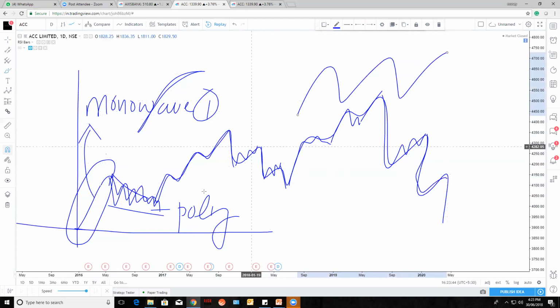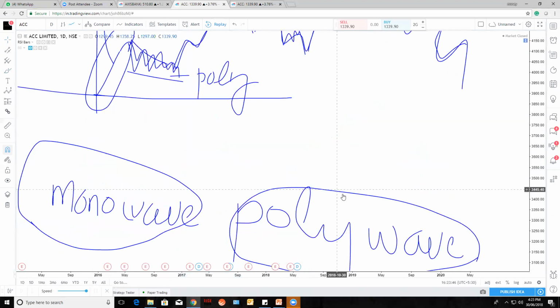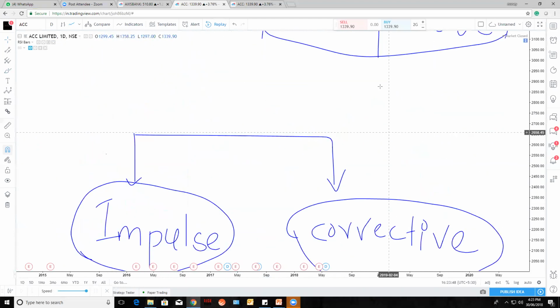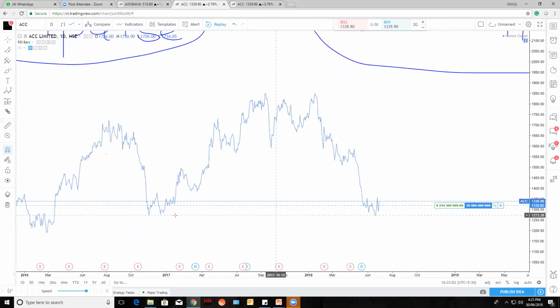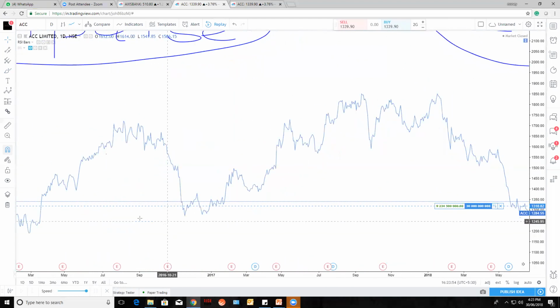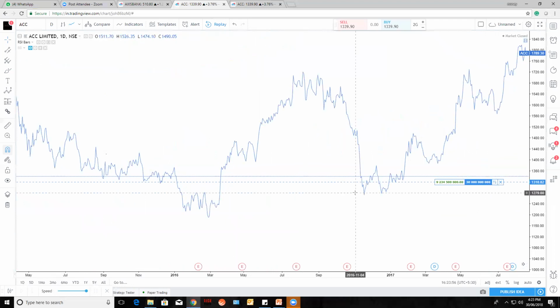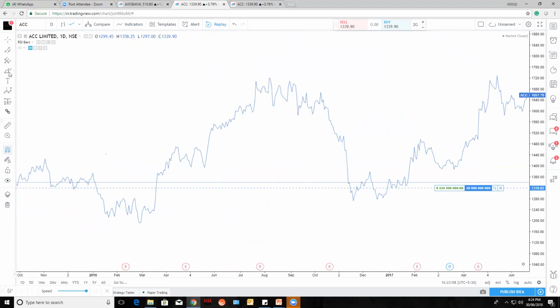Let's see examples of what is a mono wave and what is a poly wave in this ACC chart. Let's see from here to here. It's a mono, it's a poly wave, a mono, a poly, a mono, and a simple mono.